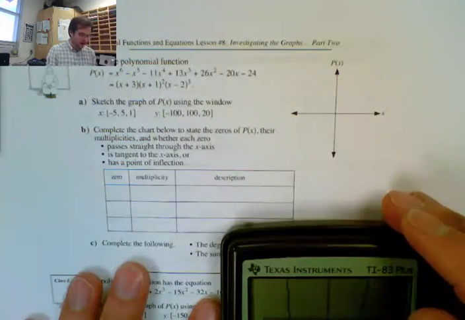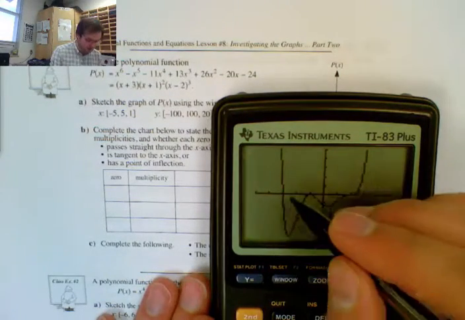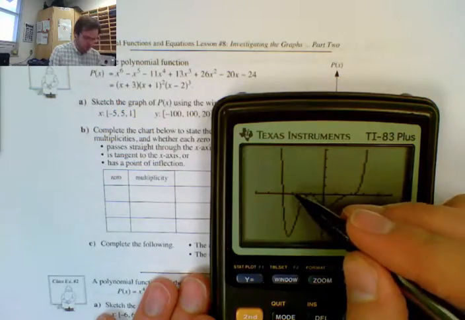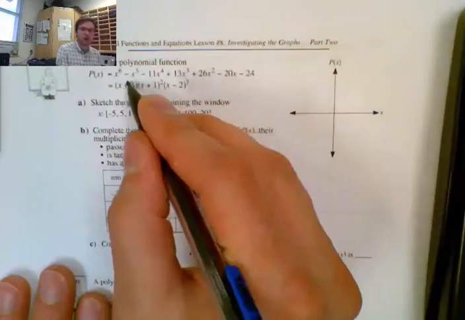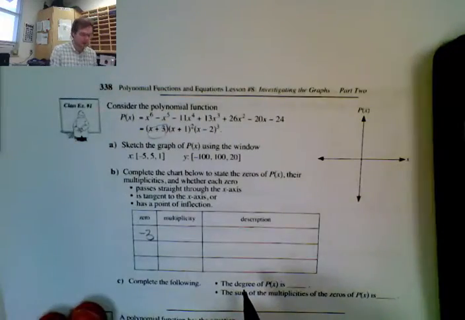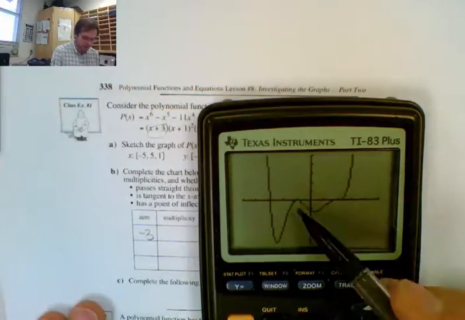So if I am to complete the sketch below, my zeros are at negative 3, negative 1, and 2. We know from up here that we have a zero at negative 3. I have another zero at negative 1, which is, if you look at my graph, right there.